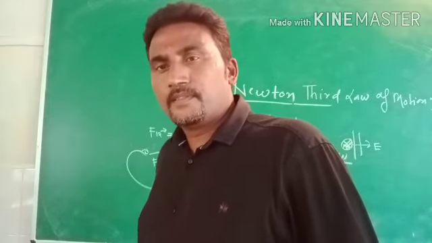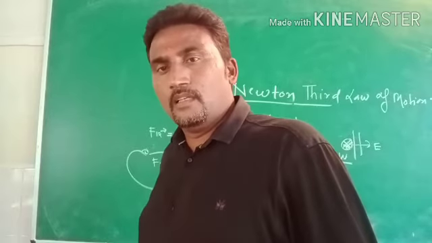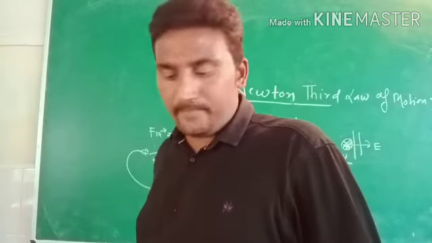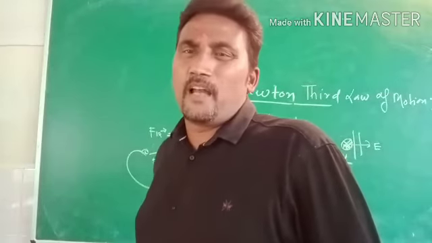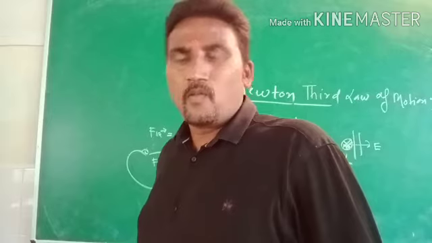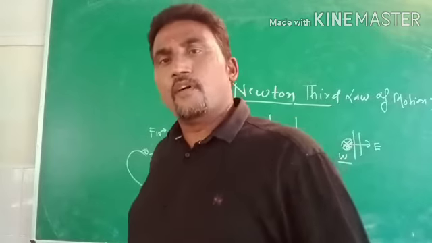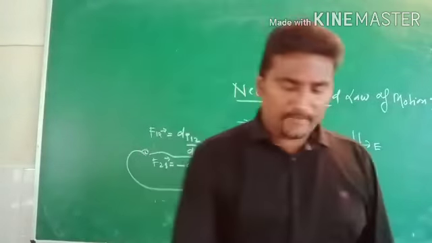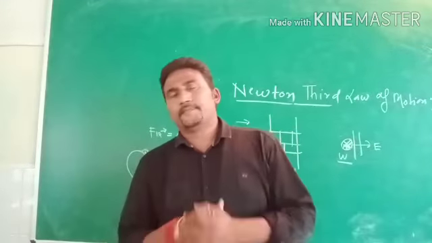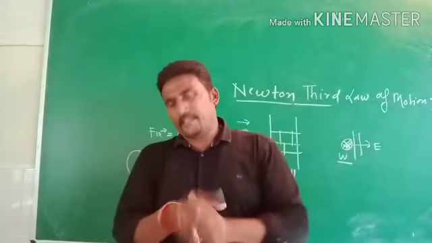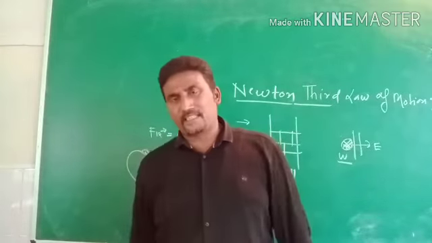Okay students, now we discuss another important topic in this chapter. In our daily life, there are many examples of friction. What is friction? A force applied in the opposite direction of the motion is known as friction. Friction is an important application in our daily life.